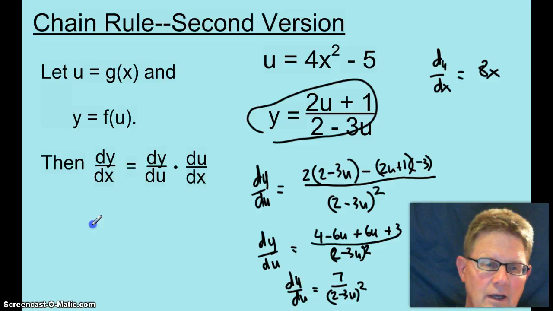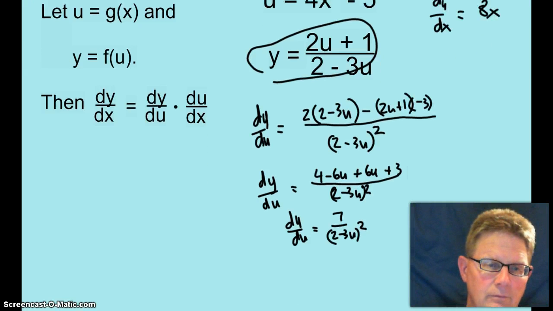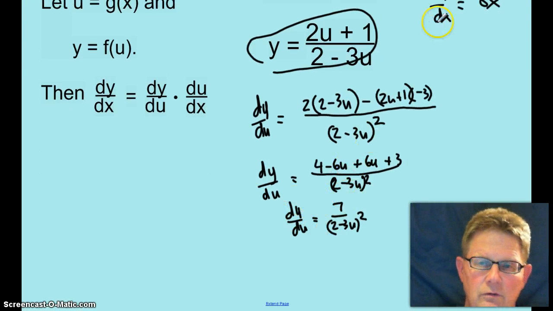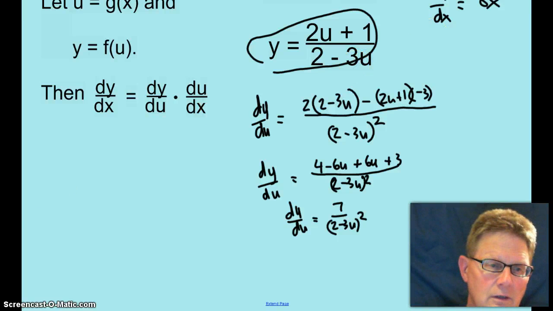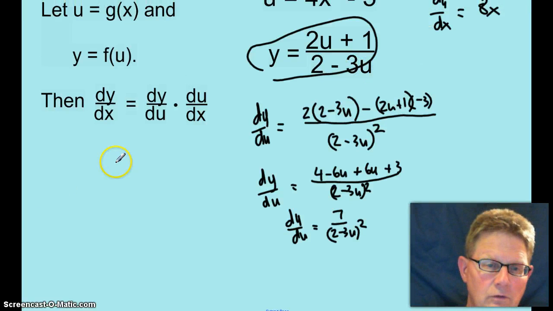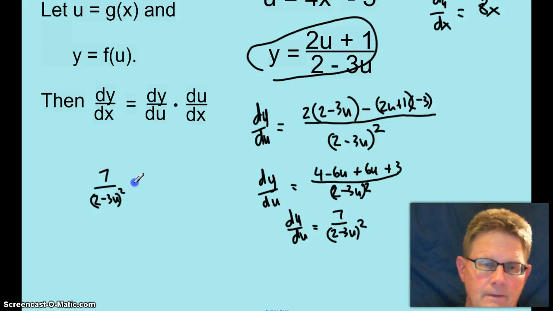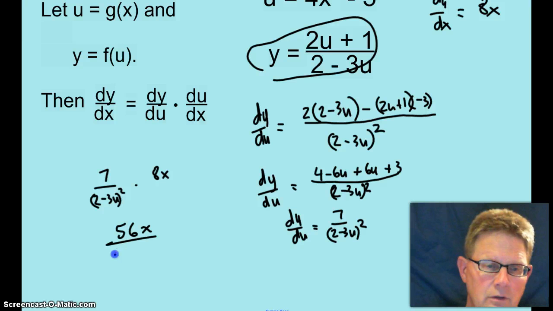So dy/dx is going to be dy/du times du/dx. So 7 over 2 minus 3u quantity squared times 8x. So 56x over 2 minus 3u quantity squared.